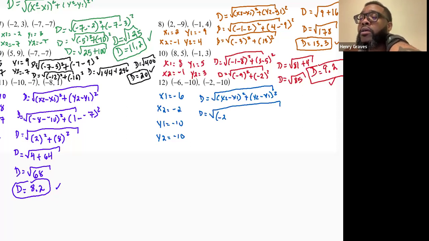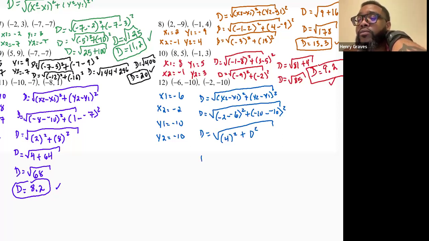Negative 10 minus negative 10. That's going to be 0, by the way. I already know that. So these are going to equal the square root of negative 2 minus negative 6, which is 4 squared, plus 0 squared. These are going to be the square root of 16. So the distance is going to be the square root of 16, which is going to be 4.